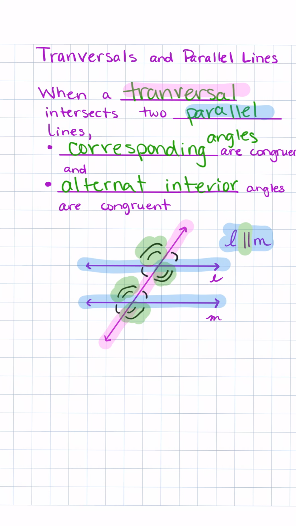If we knew one of their measurements, we would know all of them. And this one, this one, this one, and this one are all the same. Congruent means the same.